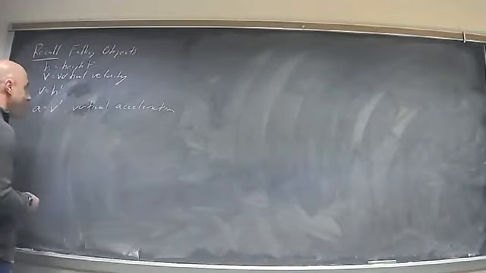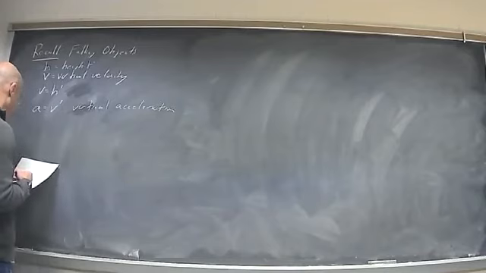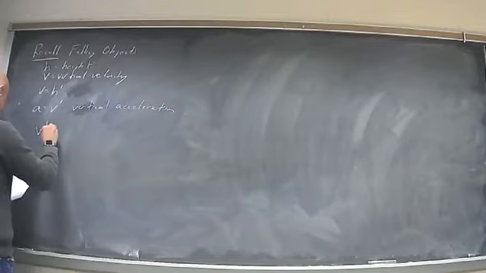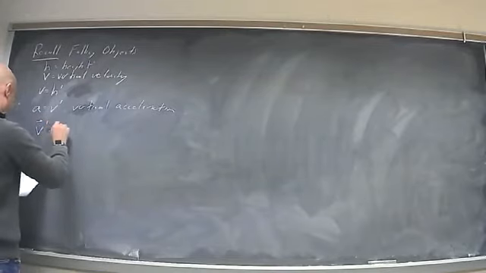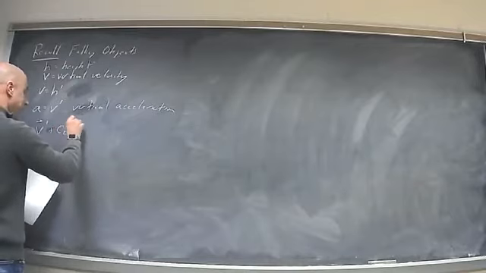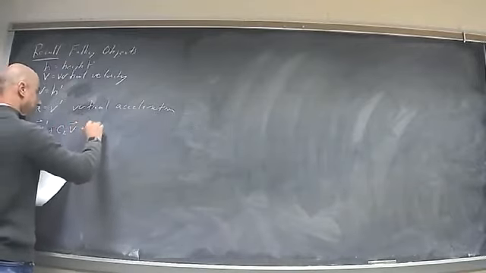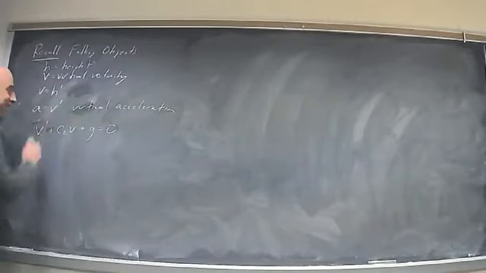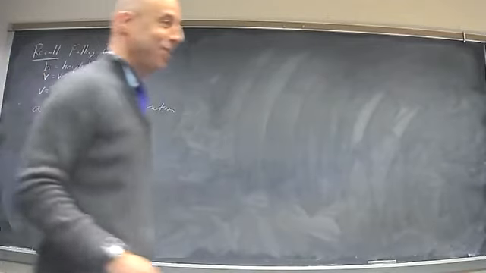And we ended up with the following differential equation. So v prime plus c2v plus g equals 0. Sorry, no vector symbols over the v.